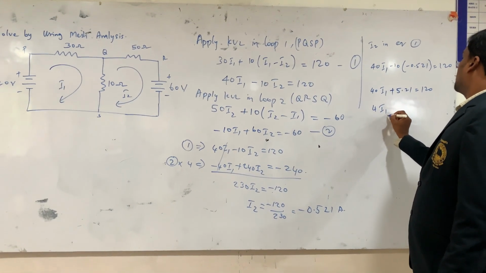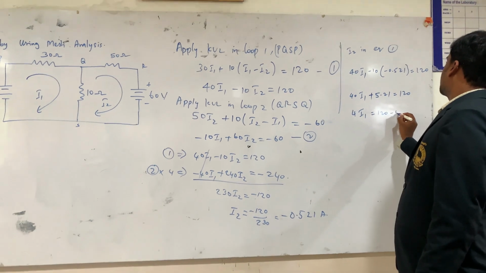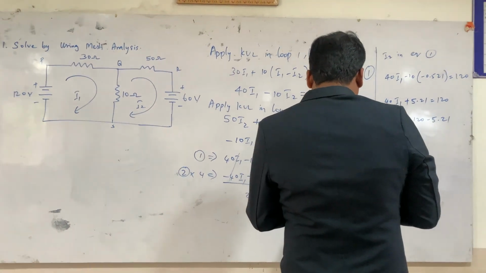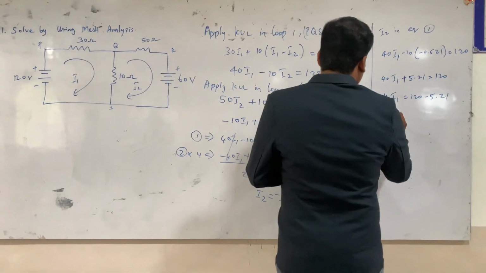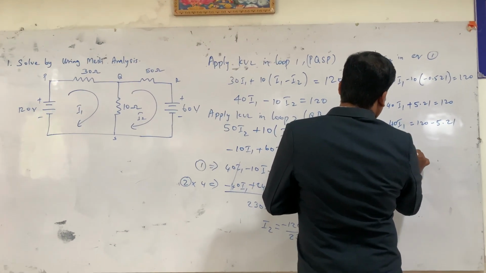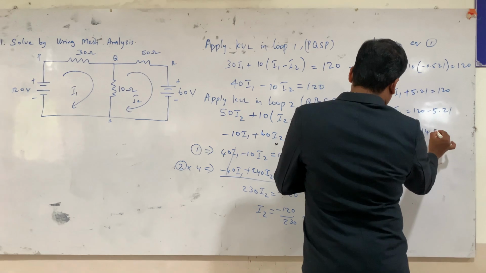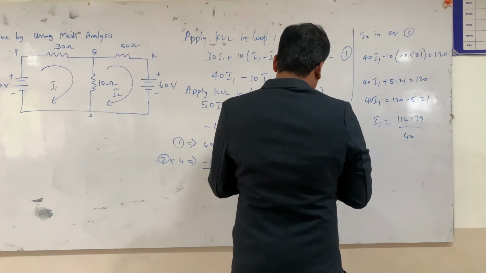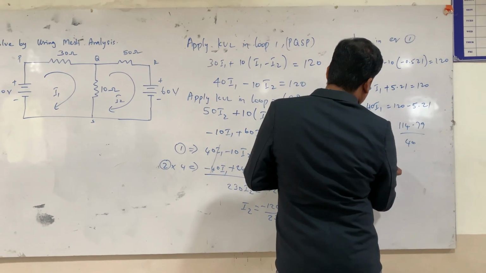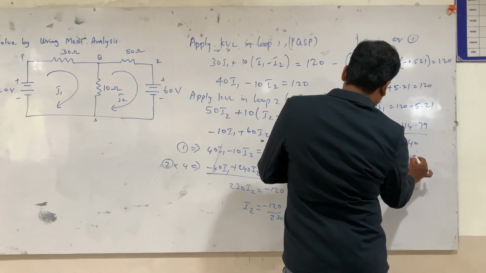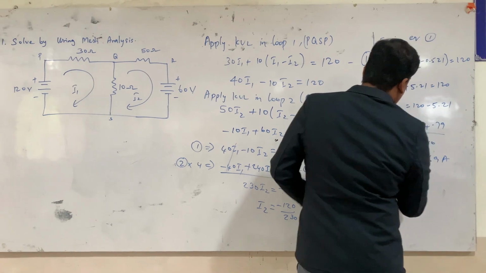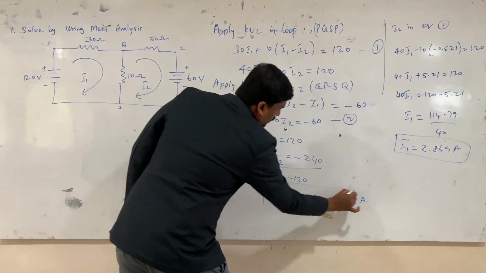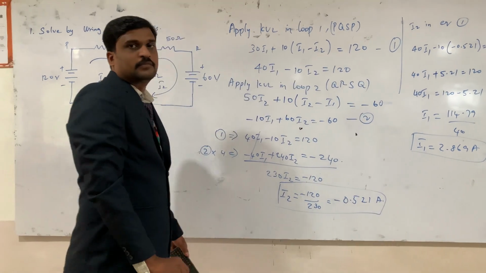So 40 I1 is equal to 120 minus 5.21. So I1 is equal to 114.79 divided by 40. So I1 is equal to 2.869 ampere. So this is the value for I1, and that is the value for I2. Thank you.